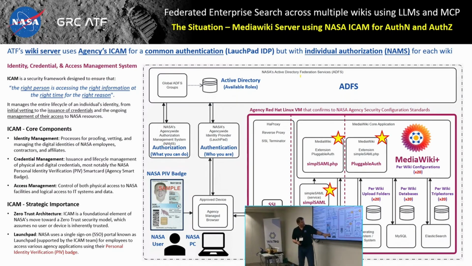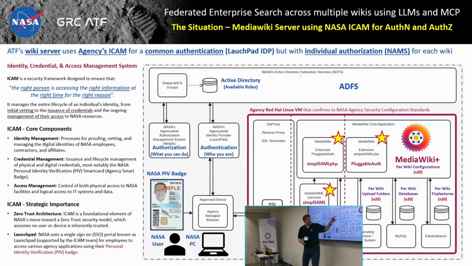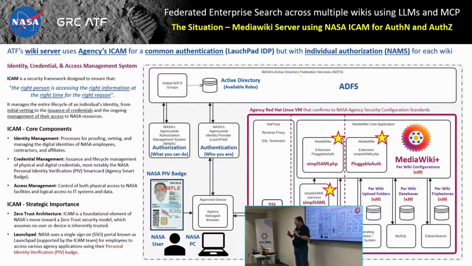So when the user sits at their computer with their badge installed and they're logged in and they visit the wiki URL on the NASA network, they get a secure session token, which the wiki is then able to consume the attributes of the token in order to understand and what we call auto provision.